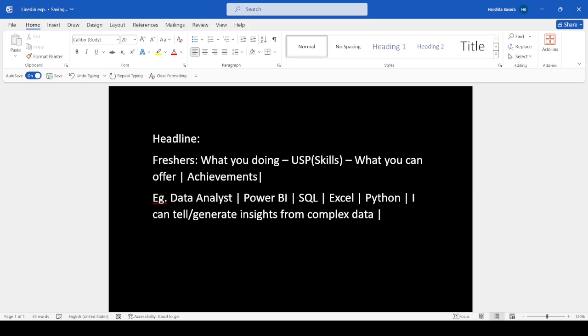And at last you can write any of your achievements in that particular field. For example, you have achieved any ranks. We all know that many organizations offer project challenges weekly or monthly. Maven Analytics offers monthly project challenges. So if you have secured the position first, second, third, whatever, you can add it. Or else LinkedIn offers to earn a community badge on particular skills. So you can also add that achievement.